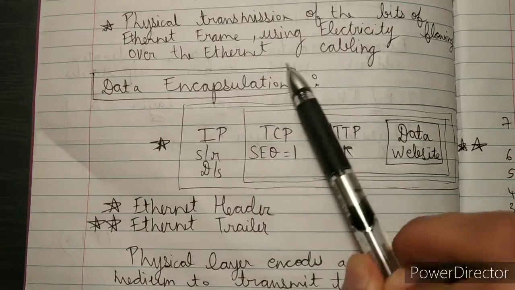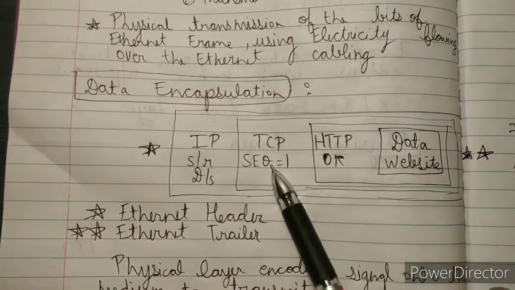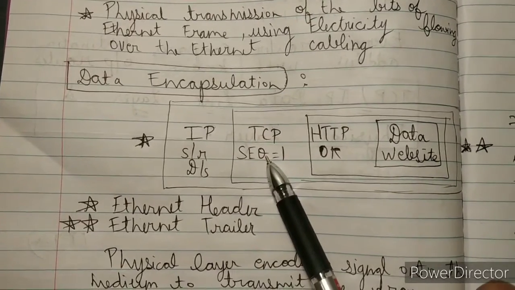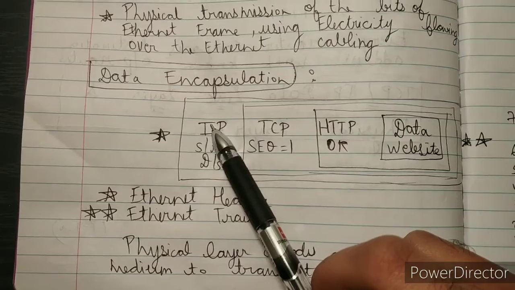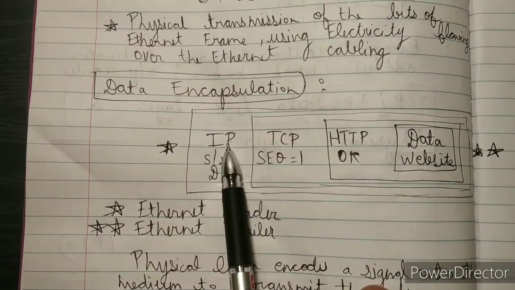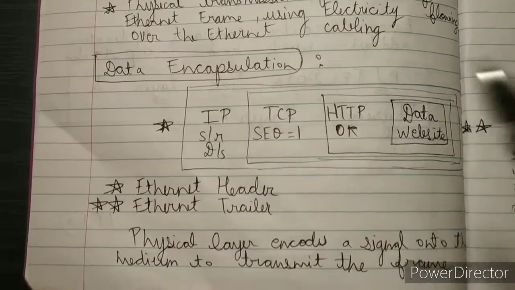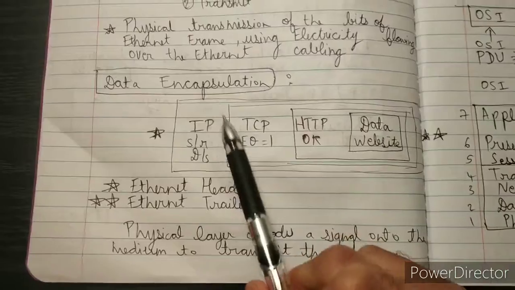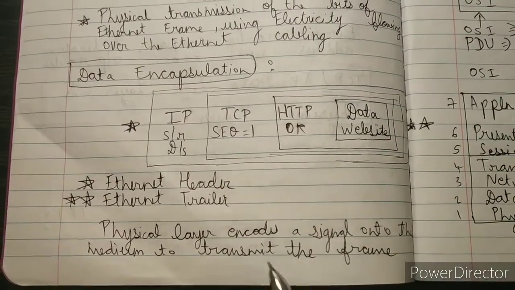Next it gets encapsulated using the TCP layer, and it has the sequence number for error correction. Now the network layer comes into the picture. It gets encapsulated using the IP protocol, which has the source and destination. Again, the physical layer encodes a signal onto the medium to transmit the frame.